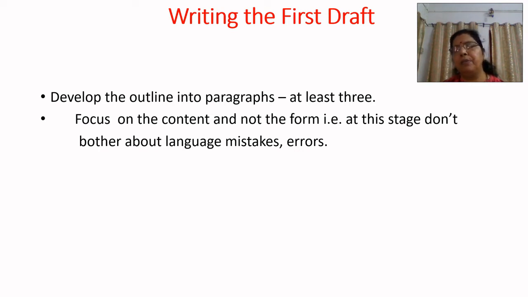Remember that there should be at least 3 paragraphs. And when you are writing the first draft, don't worry or bother about your grammatical mistakes and language mistakes. You just develop the points into paragraphs. You just focus on the content, all the points that you have jotted down.